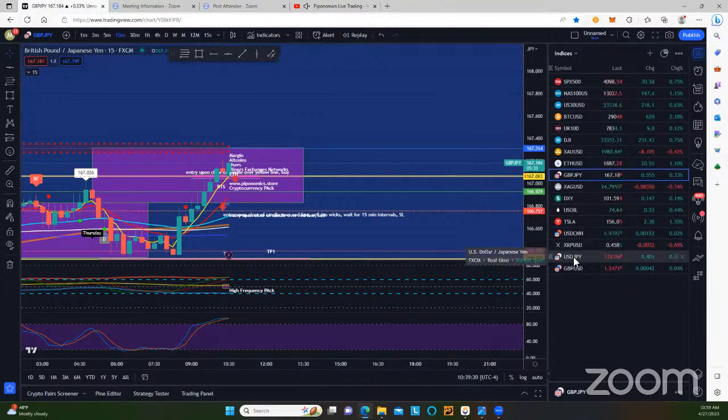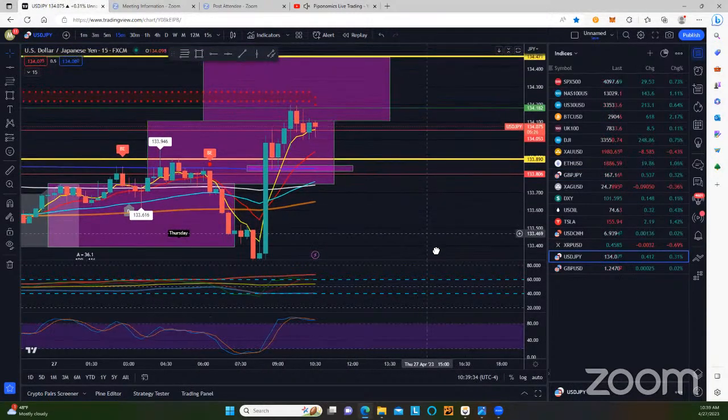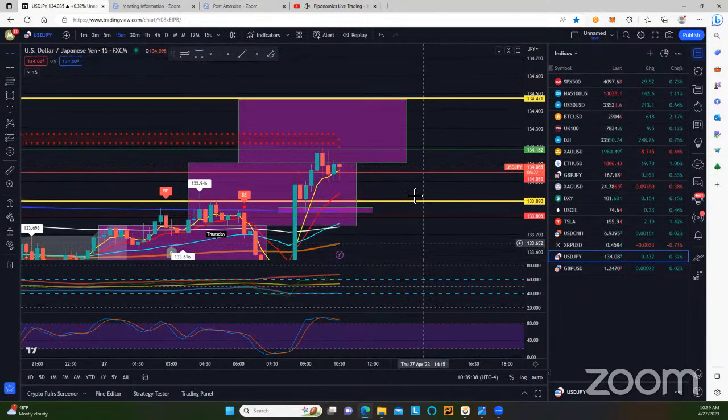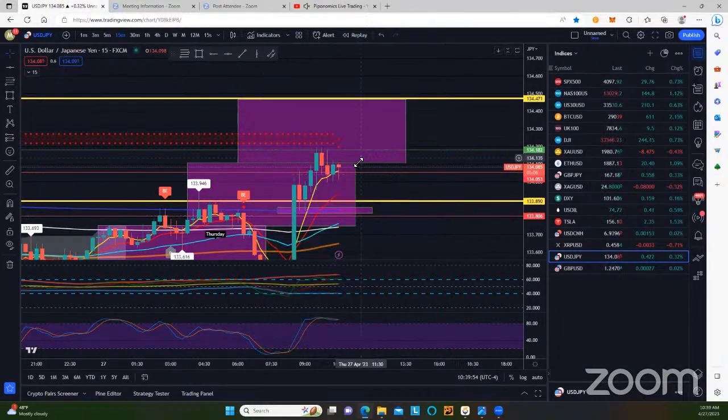I think at one point we were looking at USDJPY, right? Yes, we were. And here on USDJPY, we were interested, though there's no alert for some reason, in 134.182. And that's a buy opportunity. We already scoped out where we want to see that take place.